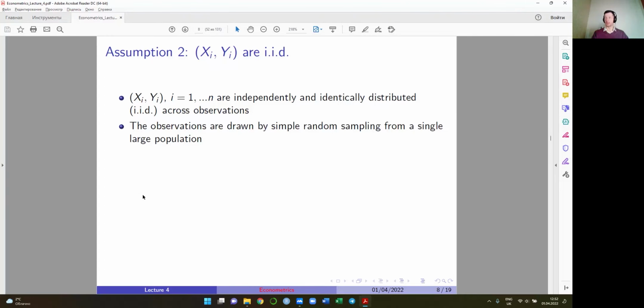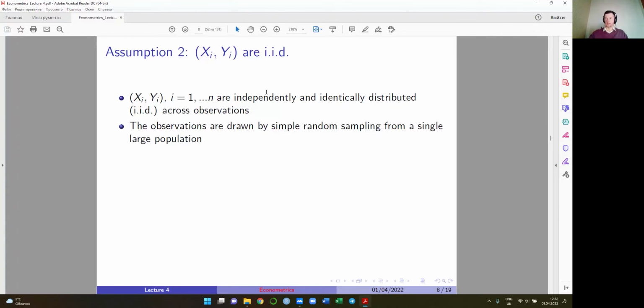When you collect observational data, you randomly select districts for example, or people, respondents, firms, households, the objects that you study, and that's how you establish this IID assumption.